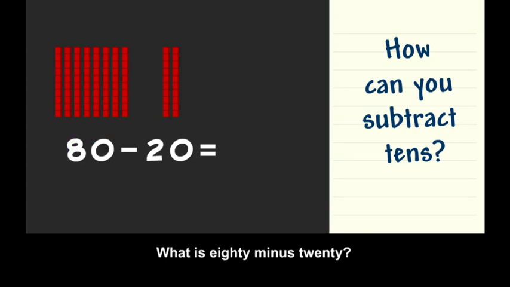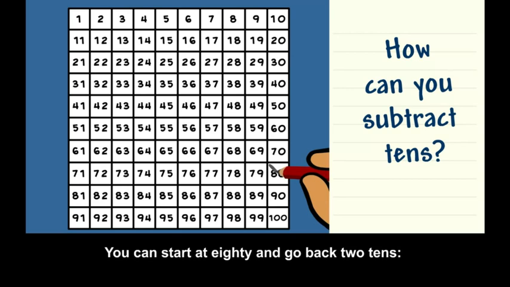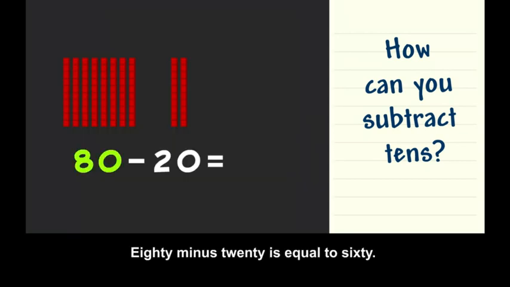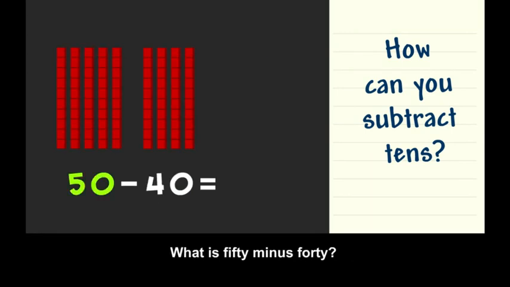What is 80 minus 20? You can start at 80 and go back 2 tens. 70, 60. 80 minus 20 is equal to 60. What is 50 minus 40?